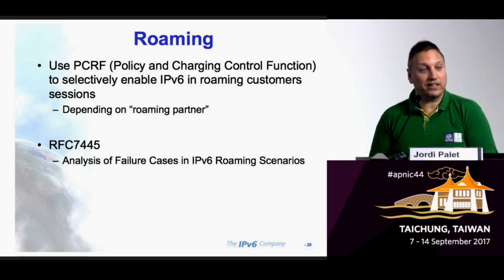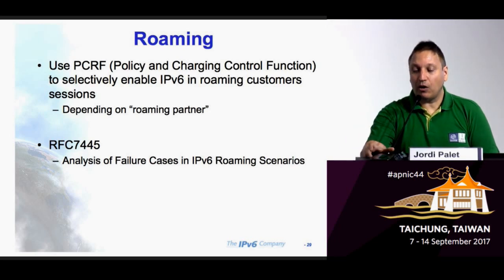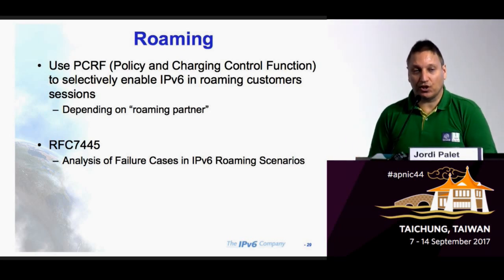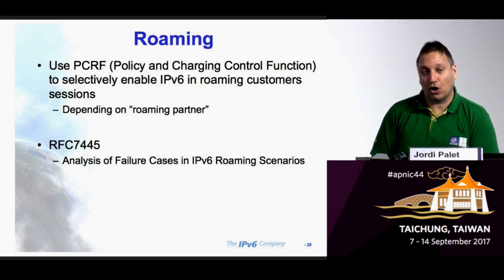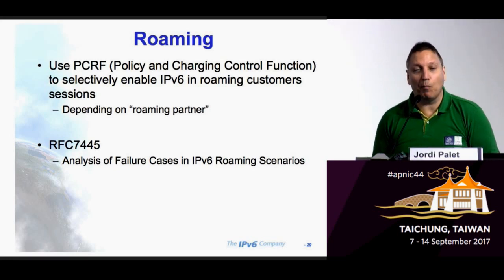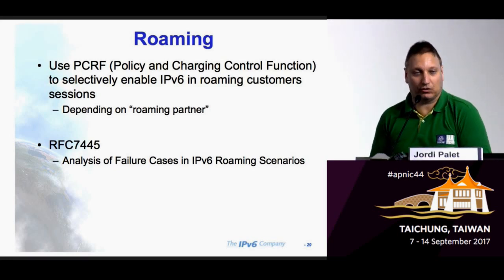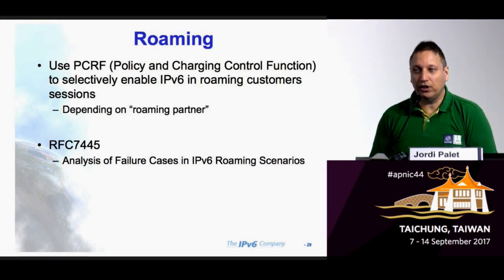What that means is that depending on which country your users are moving to, they will get IPv6 service or not, because maybe your roaming partners support it or not, okay? So you don't need to tell the customers to change their APN or anything like that. If you are roaming, that will be automatic, okay?